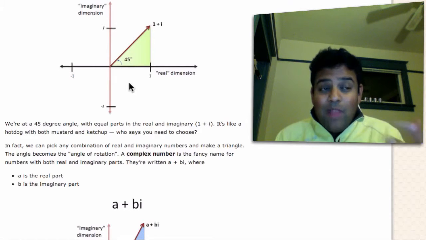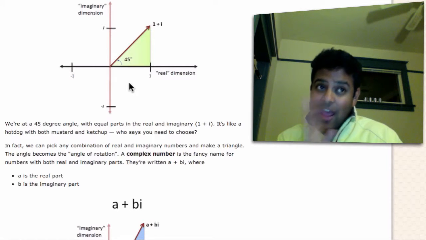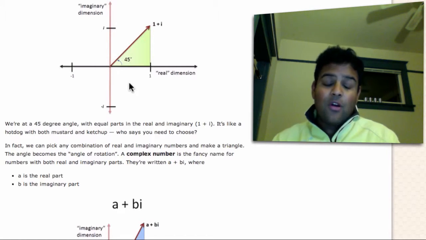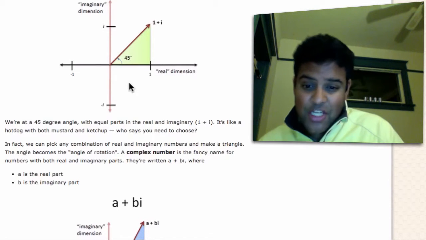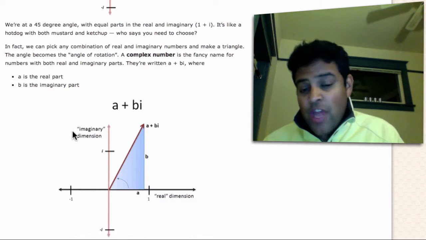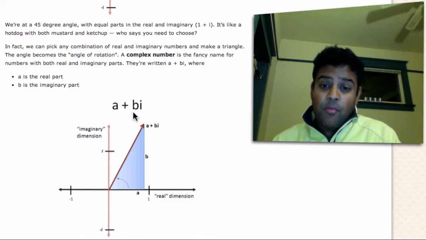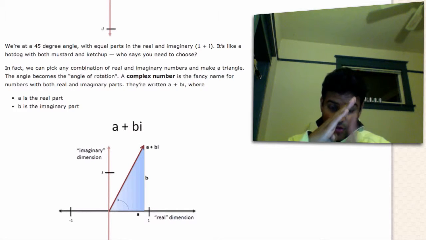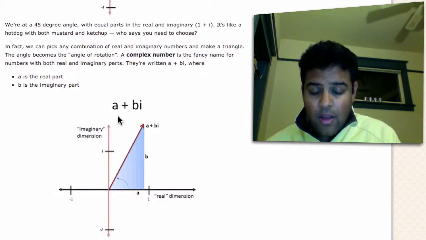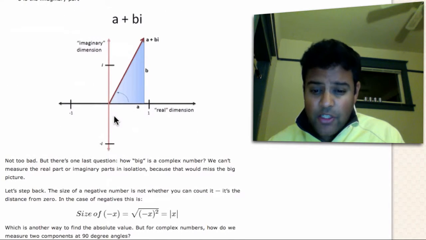But you can mix in a little bit of other spices. So the idea for a complex number is that you have a mix between the real and the imaginary. In general, we can call that a plus bi. So instead of 1 plus i, which is exactly 50-50, a 45-degree angle because it's the same on both, you can have any combination of a and b that you like.